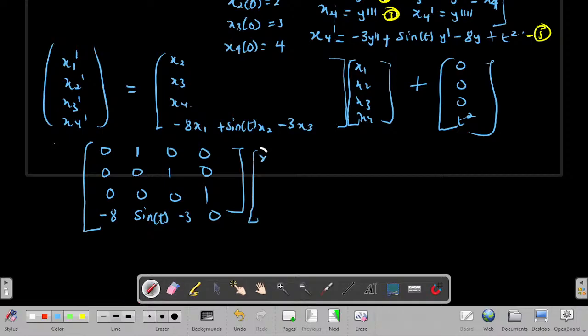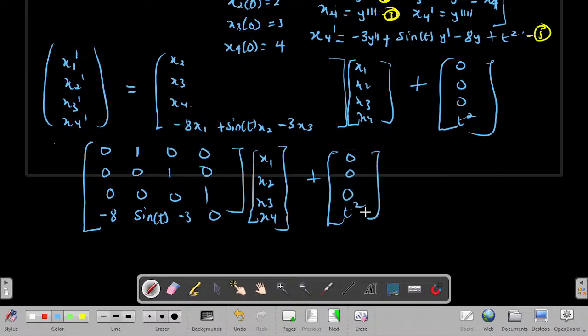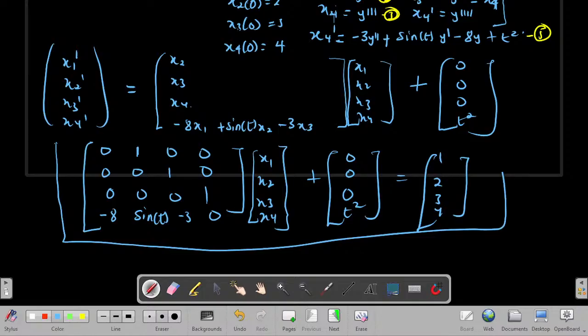I'll have my x1 here, x2, x3, then x4. I'll close it. Then I'll add this to my non-homogeneous term, which is 0, 0, 0, t squared. And this should give me 1, 2, 3, 4, according to my system as I did here. So nicely done. We've been able to convert our system, which was initially, yeah.